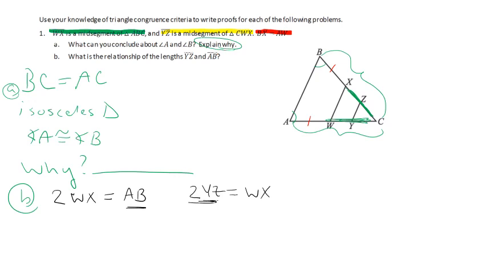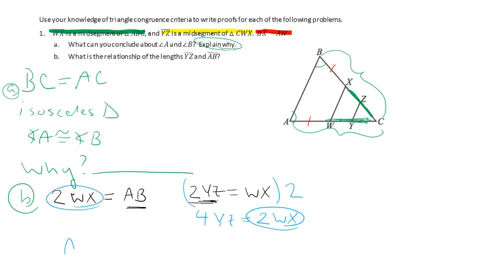Okay, so now I've got two equations, but I need to somehow get YZ stuff equal to AB stuff. Well, I've got a WX in both, but one has 2WX and one has 1WX. And again, since I don't like fractions, I'm going to multiply everything on the right equation by 2, which is going to be 4YZ equals 2WX. Since these are now the same, I can substitute.